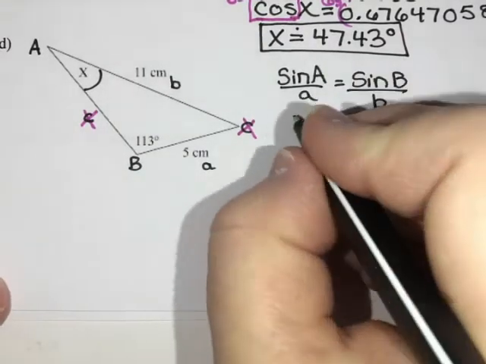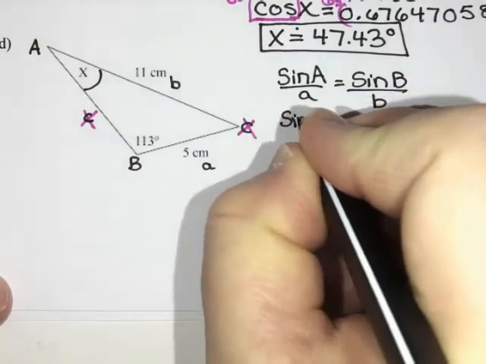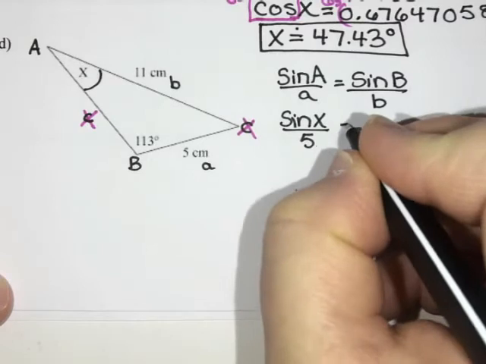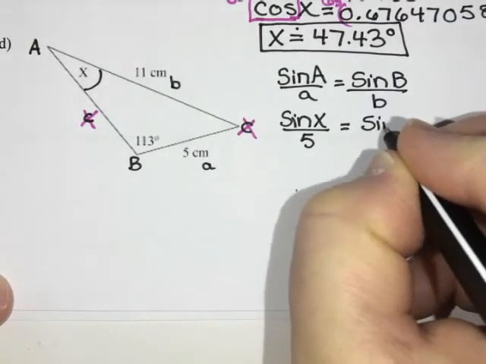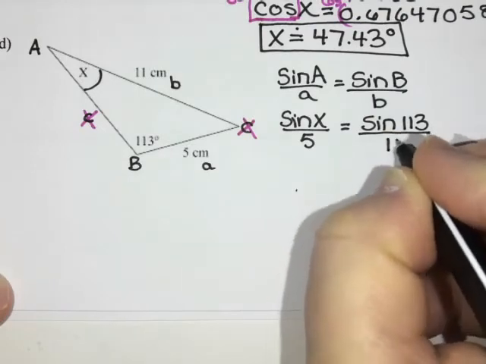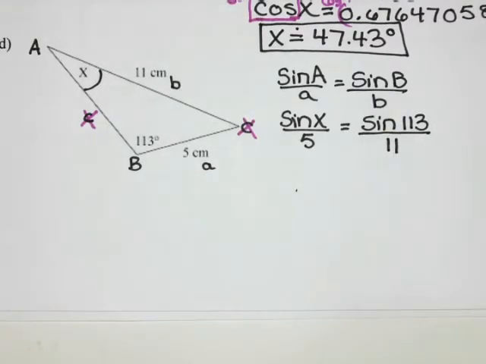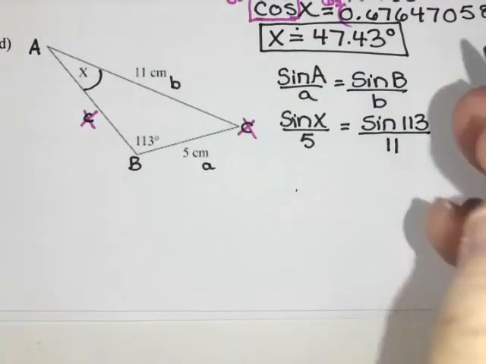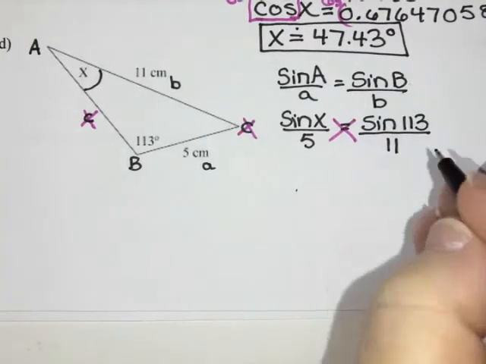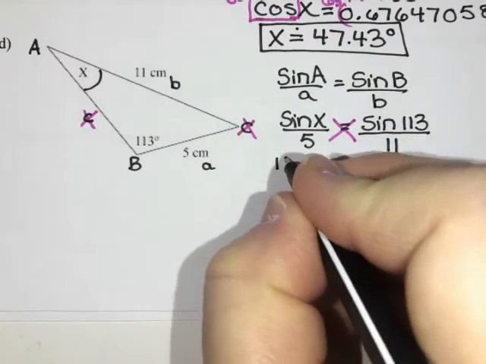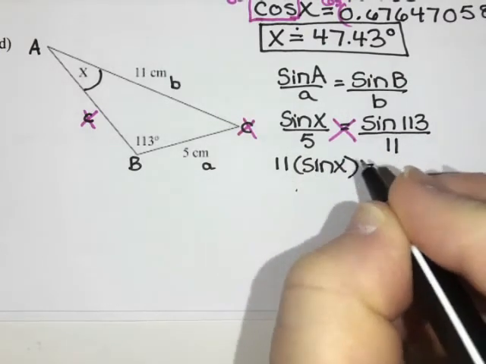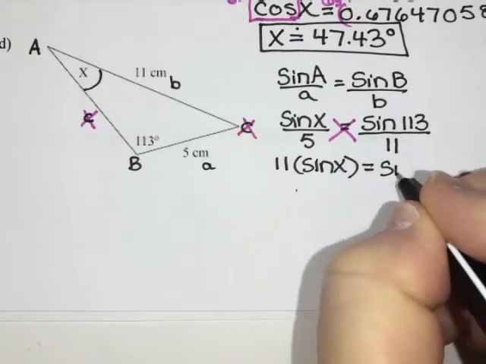So angle A is x, so I have sine of x divided by side A, which is 5, equals sine of B, which is 113 degrees, over side B, which is 11. My next step, whenever I'm using sine law, is to cross multiply. So I do 11 times sine x equals 5 times sine of 113.